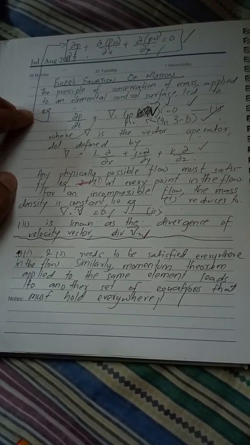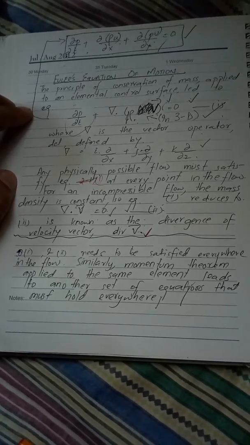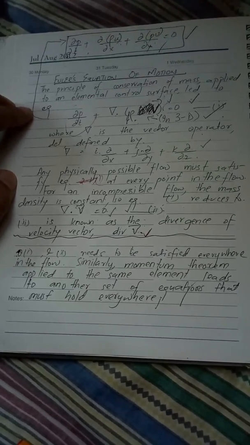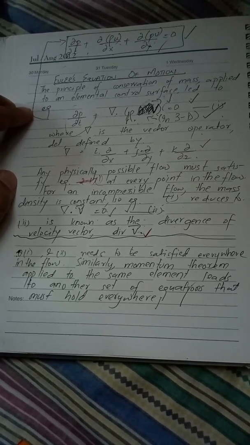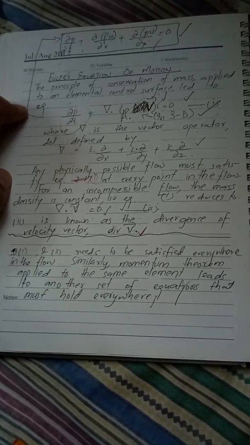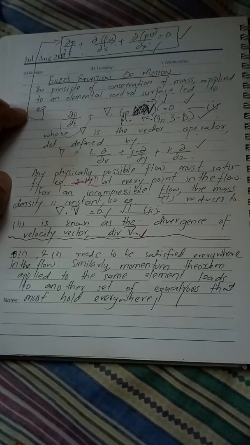First of all, just to have this idea, which is the Euler equations of motion, and why it is important, we have produced some videos relevant to the momentum theorem earlier on. But right now what we're going to share is Euler equations of motion.